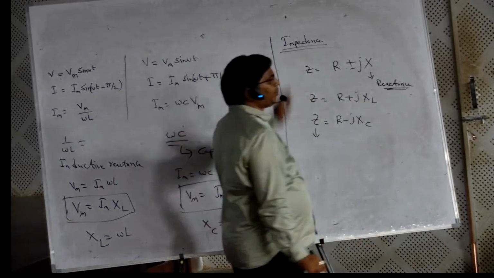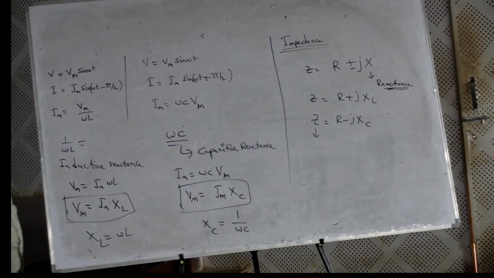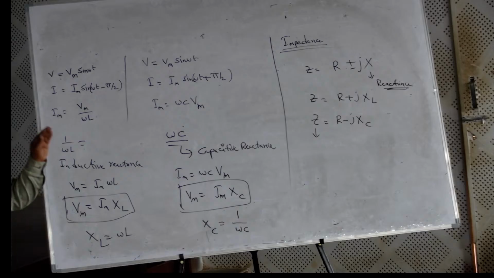What is meant by impedance? Impedance has the same meaning as resistance. Resistance is a property of the material which opposes the flow of electrons.